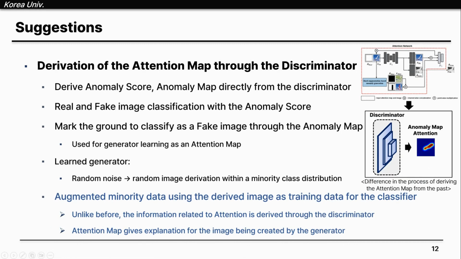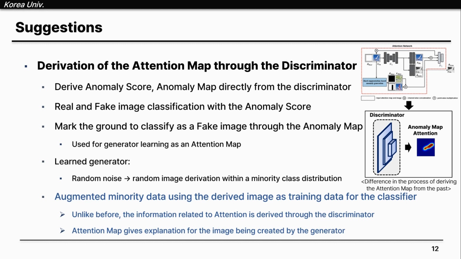The second is that it is possible to derive an anomaly-map-based attention map directly through the discriminator. Since the discriminator was replaced with the one-stage anomaly detector, it is possible to derive the anomaly score and anomaly map.